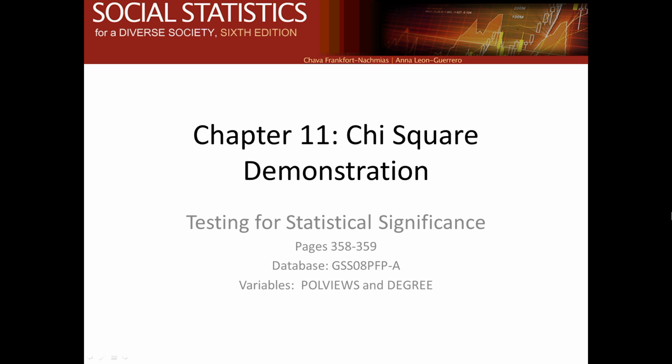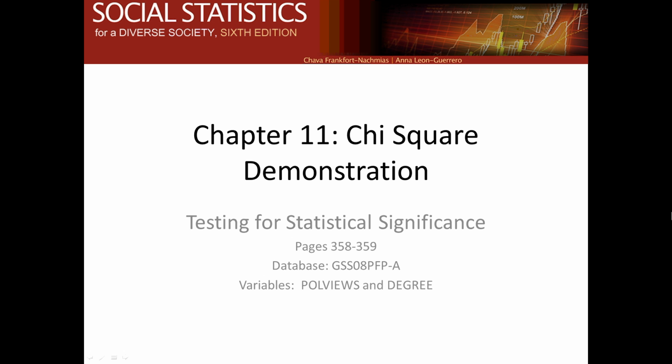This demonstration exercise can be found on pages 358 through 359 in Chapter 11 on chi-square. We'll be using the GSS 2008 database, subset A, and we'll be working with the variables political views, or polviews, and educational level, measured through the variable degree.